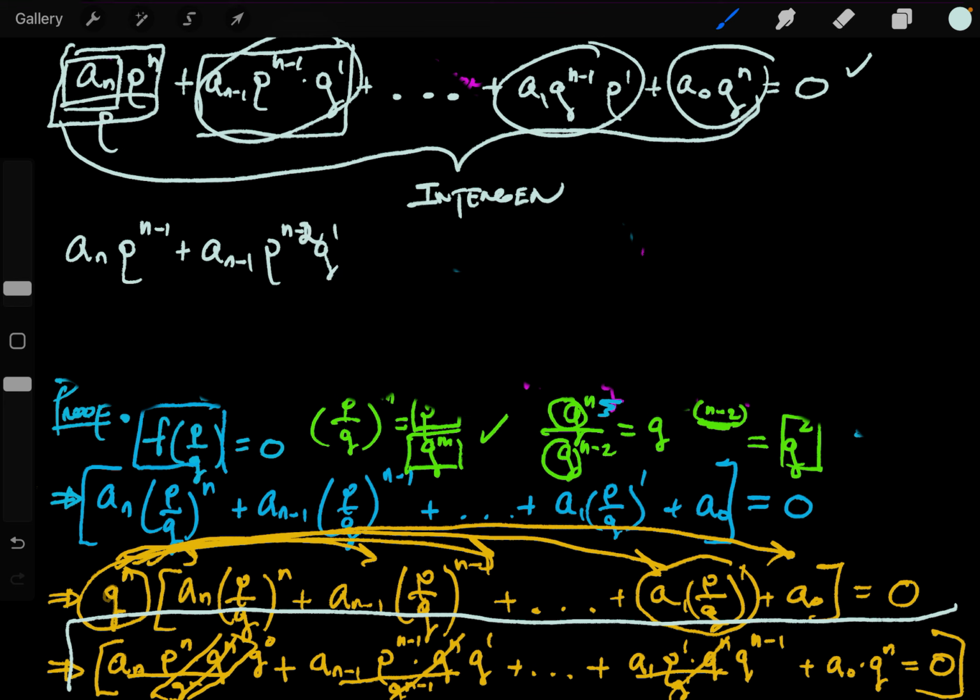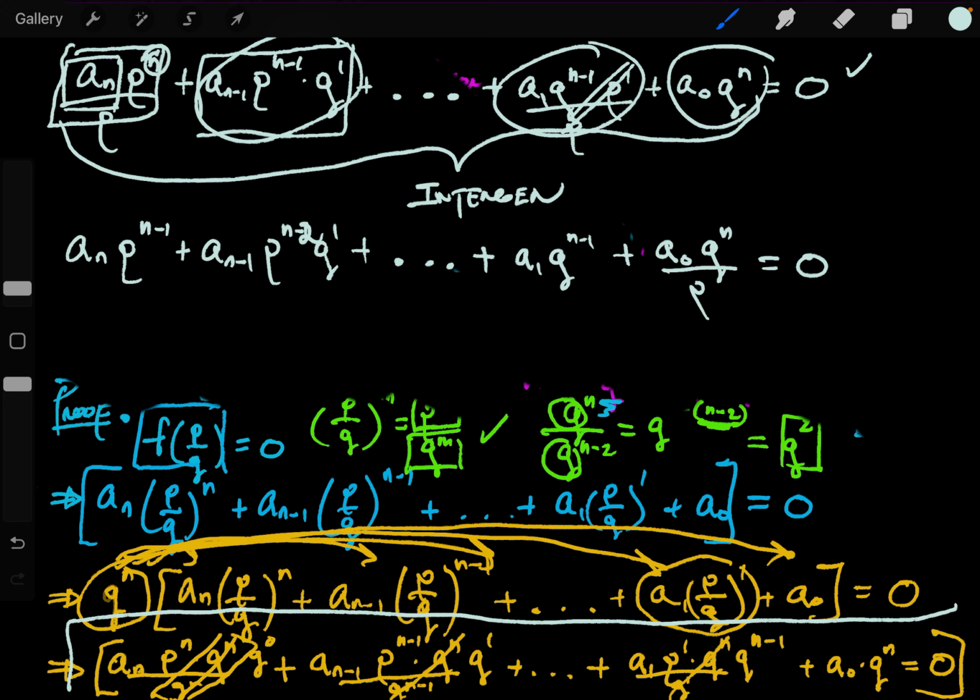Look, I'm dividing this by p, the exponent goes down by 1. It was n, now it's n minus 1. It was n minus 1, now it's n minus 2. Plus a1 q to the n minus 1, and then p to the 1 divided by p cancels out, so there's nothing left, plus a0 q to the n over p has to equal 0.